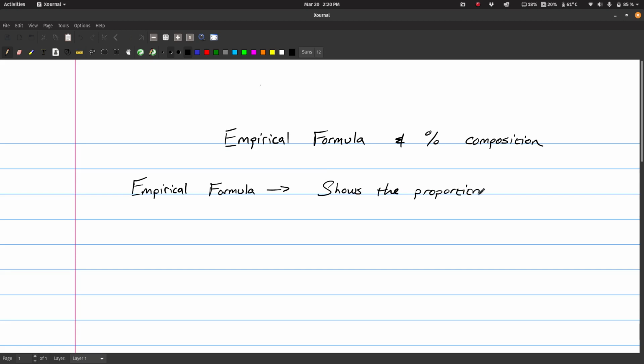So it shows the proportions of atoms in a substance in its simplest form.